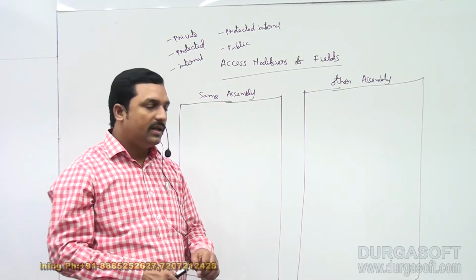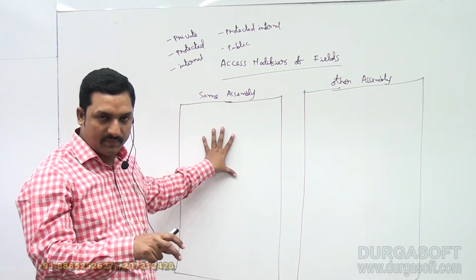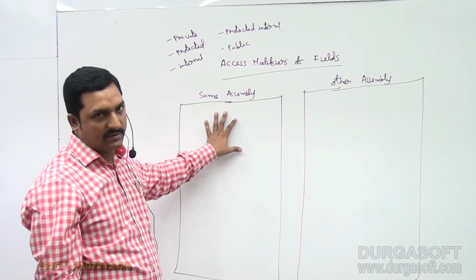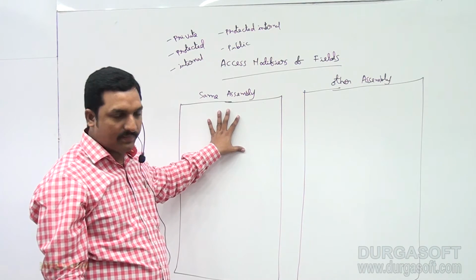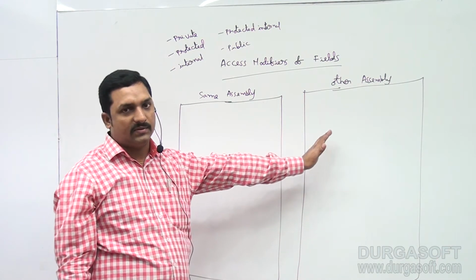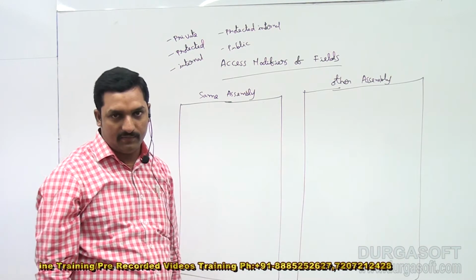Just like that, presently we are writing a class in one particular program. That program's compiled assembly is nothing but what? Same assembly. You can also think of it as the same program. Other programs are called other assemblies.